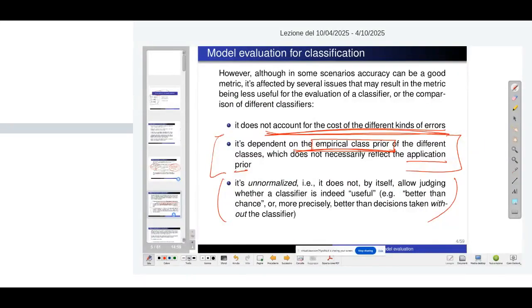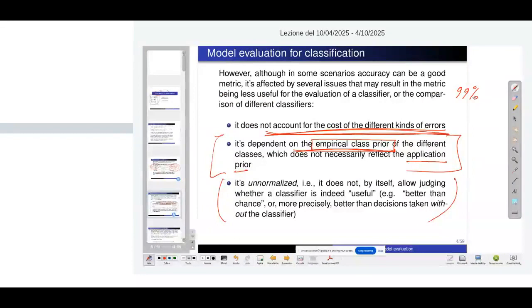In the slides you have 90, but a classifier that does 99%, would you consider it good or not, accuracy? On what? On the data sets.